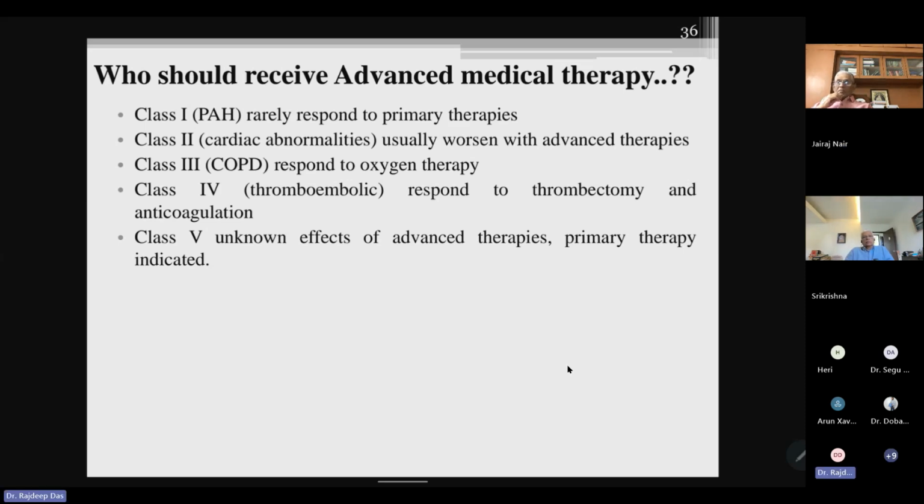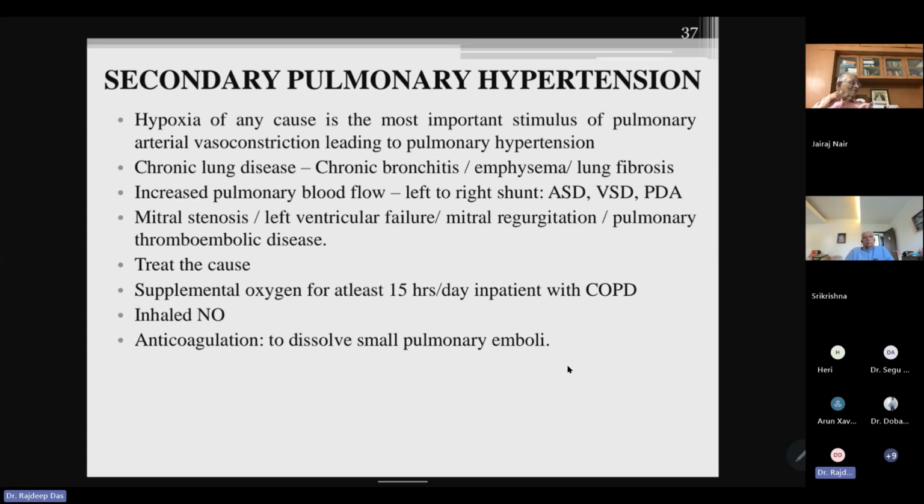Secondary pulmonary hypertension. Hypoxia of any cause is the most important stimulus for pulmonary arterial vasoconstriction, leading to pulmonary hypertension. Chronic lung disease, chronic bronchitis, emphysema, and lung fibrosis may be the etiology. Increased pulmonary blood flow, any congenital left to right shunt, ASD, VSD, PDA, leads to pulmonary hypertension.